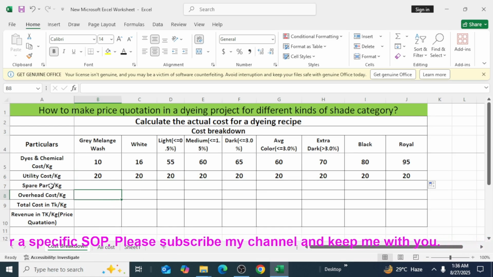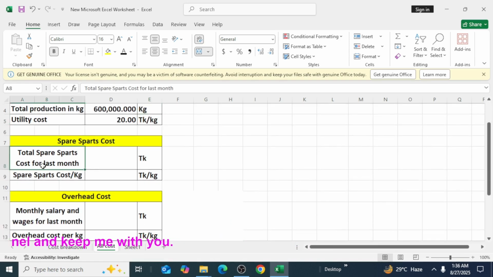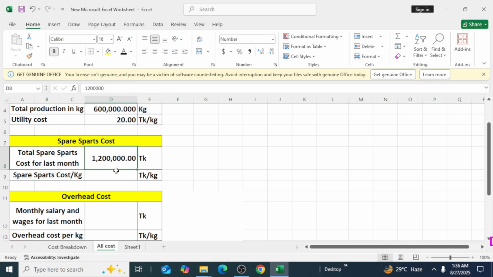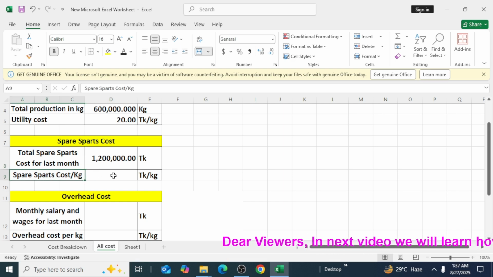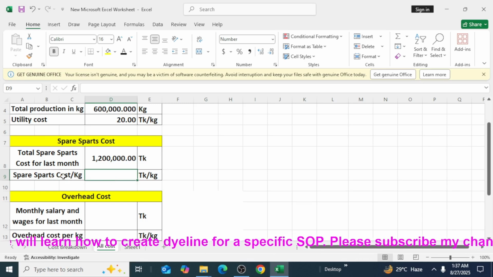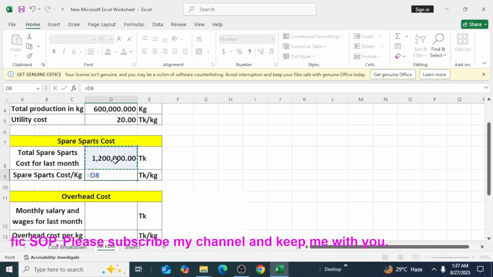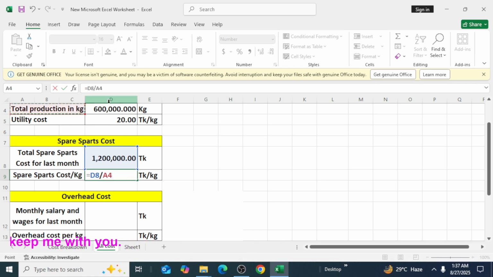Now spare parts cost per kg. Let your total spare parts cost for last month is 12 lakh taka. So your spare parts cost per kg will be equal total spare parts cost divided by total production in kg.